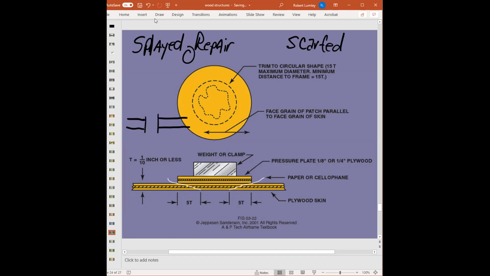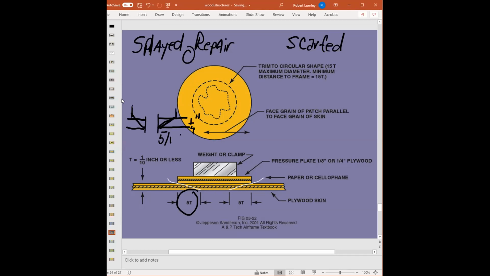We drill that open. Well, then we want to go 5 times the thickness. So let's say the material is 1/4 inch thick. We go 5 times 1/4 inch or 1 1/4 inches out on both sides. And then what we're going to do is, using a plane or a file, we're going to taper that down. So it's a 5 times the thickness, or 5-to-1 ratio.